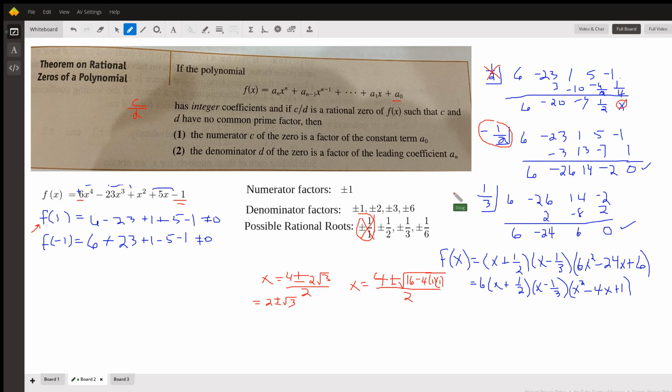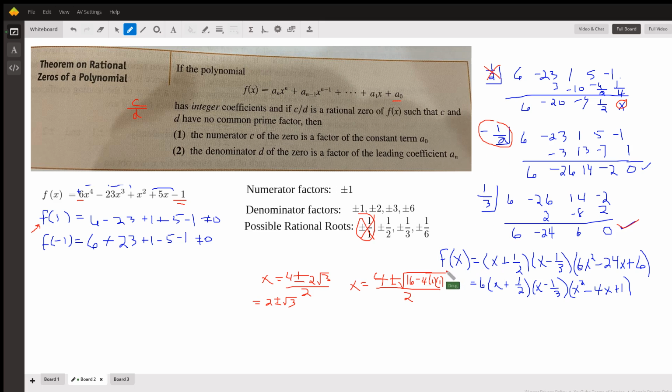That's it. Now we don't have to try any of the negatives. Let's try a positive, 1/3. Wow, we hit right away. So negative 1/2 is one rational root and 1/3 is another rational root.